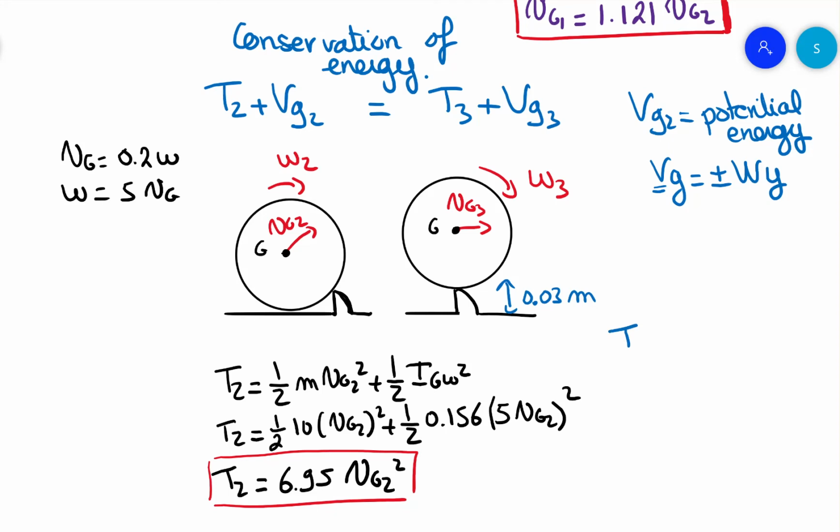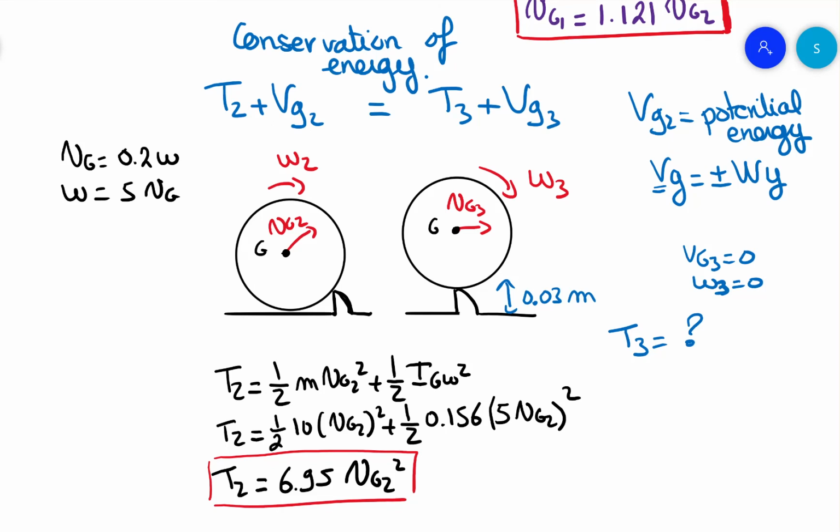How much is T3? The question is, what is the minimum velocity Vg1 so the wheel can roll over the obstruction? So it means that the minimum Vg3 will be 0 and omega 3 will be 0.